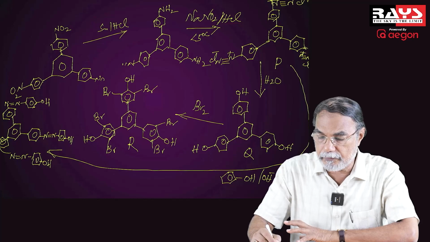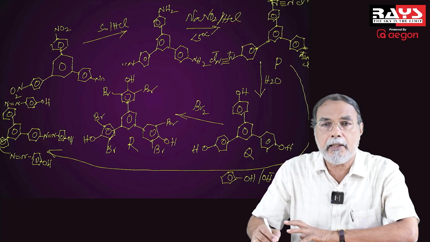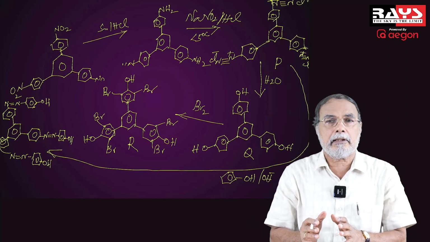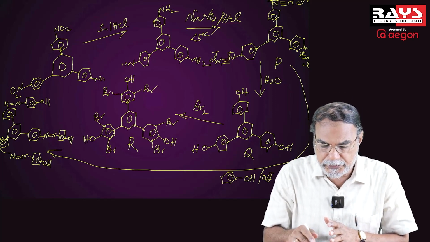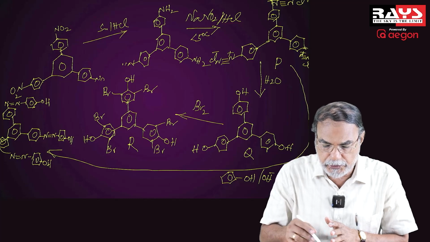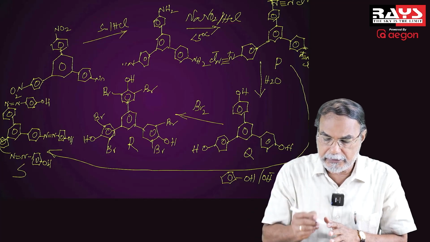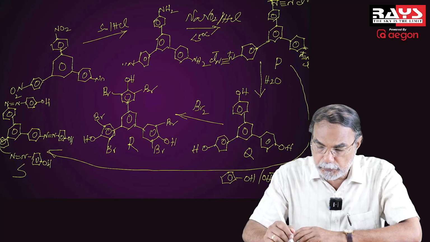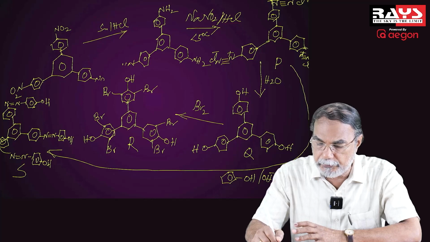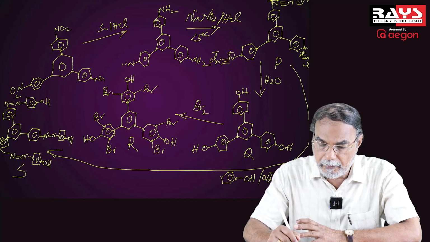Then reaction of this compound with phenol in alkaline medium, that is coupling reaction forming azo dye, and you have the azo dye structures at all the 3 positions. So this is the compound S. And this is the compound R, on bromination of the compound Q.